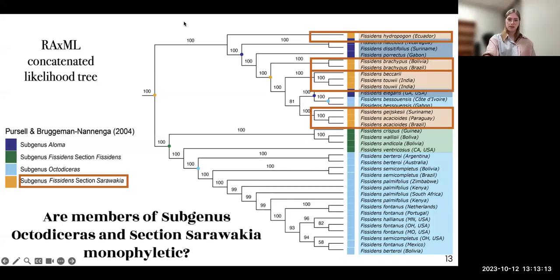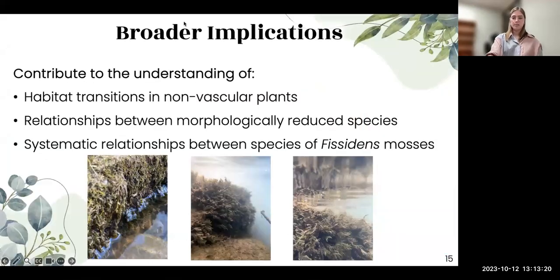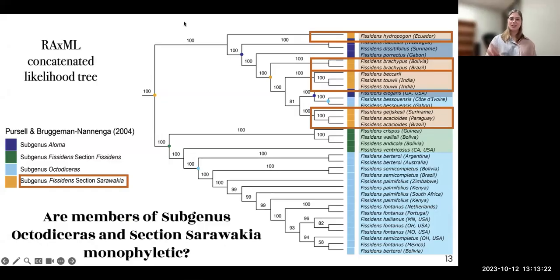So back to my original question, whether or not members of subgenus Octodoceras and section Sarawakia were monophyletic. We can see that they don't come out monophyletic. Besuiensis is coming out a little bit separate from the rest of Octodoceras, and section Sarawakia is coming out in 3 separate spots here.